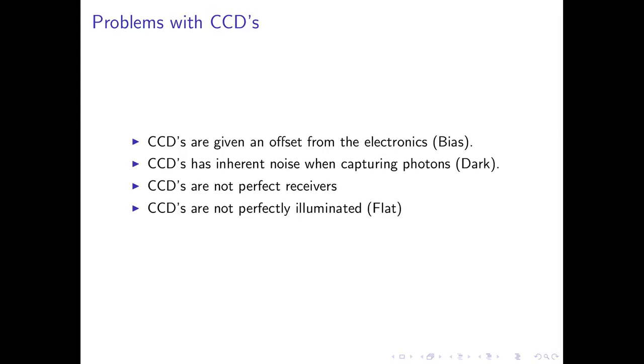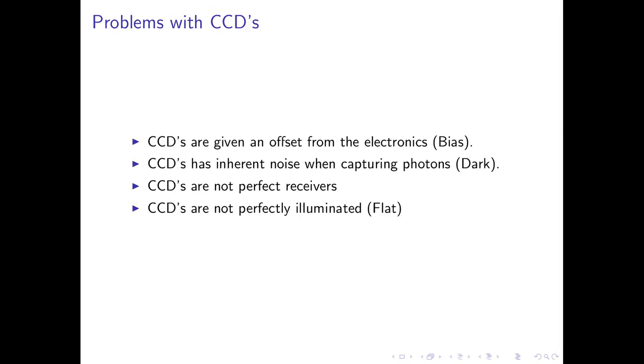It would not be perfectly black, and that's because you actually have heat in the CCD that will release electrons into the CCD, which will count as exposed. Sorry about that. And that is the inherent noise when capturing photons. That's dark noise.